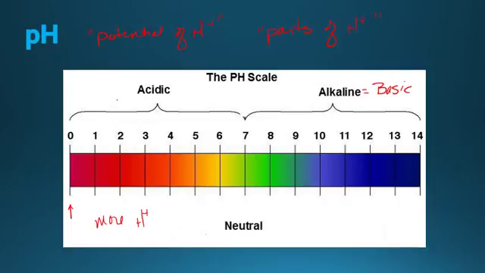But if you think about water, remember, water dissociates into hydrogen ions and hydroxide ions, HOH. From 7 above, you have excess hydroxide ions, therefore it's a base. In this direction, you have excess hydrogen ions, so it's an acid. If it's 7, the hydrogen ion concentration equals the hydroxide ion concentration, which only happens in pure water at a certain temperature, and that's neutral, 7.